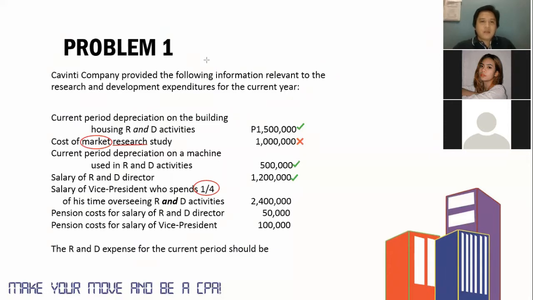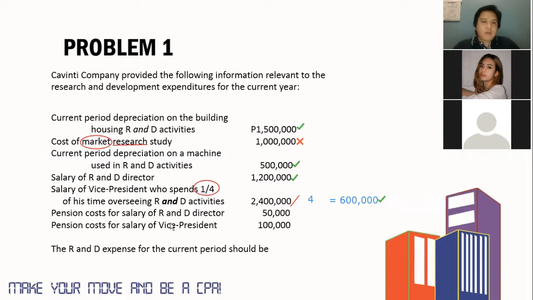Let's divide it with 4. So, magkano makukuha? So, dun sa 2.4 million, we only recognize 600,000. Okay? Did you get that?